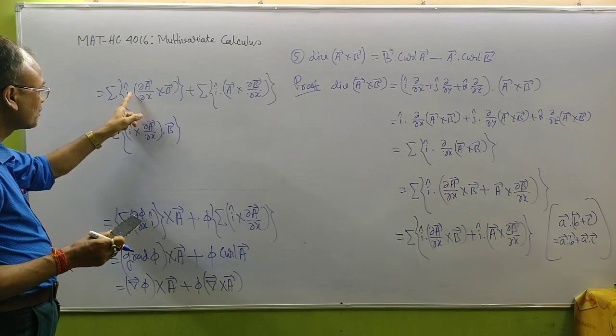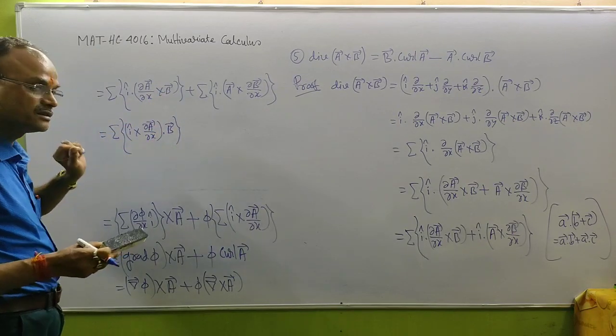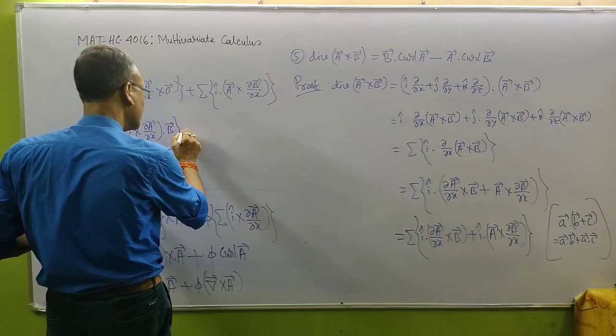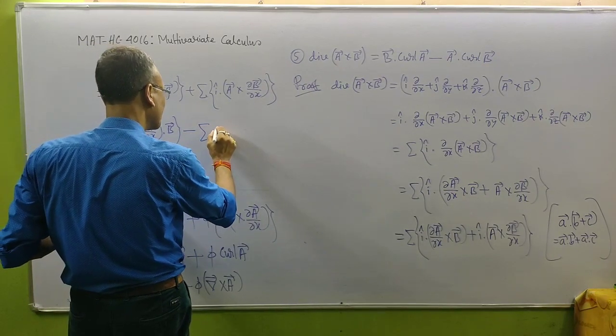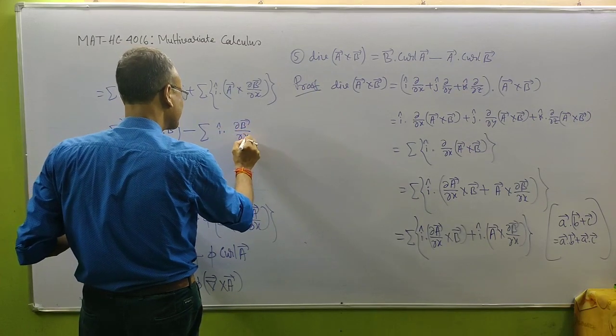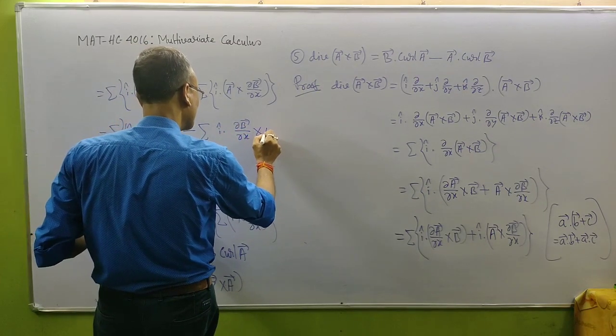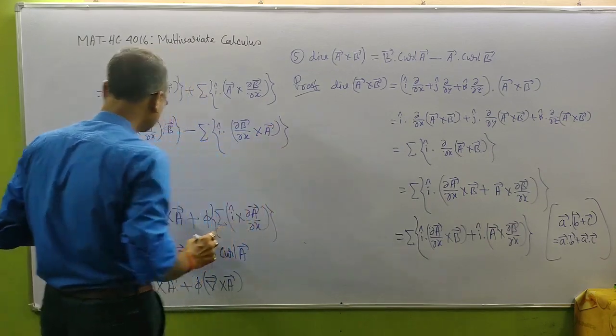In place of this dot, write cross, and for cross, write dot. Write a minus sign here: i cap dot del B by del x cross A vector. You may write like this.